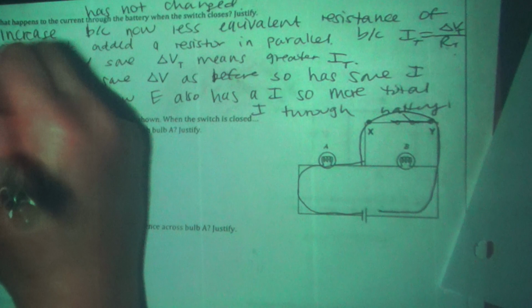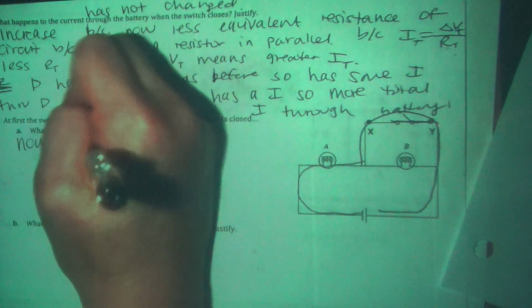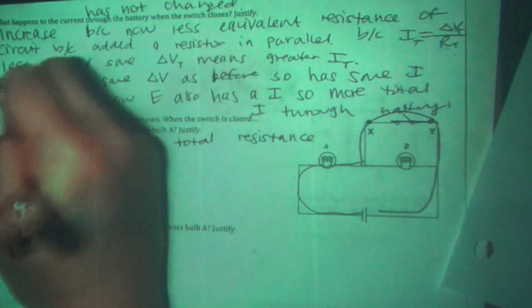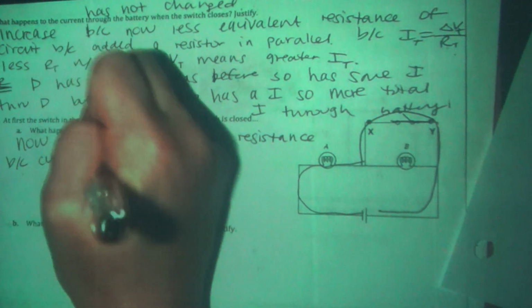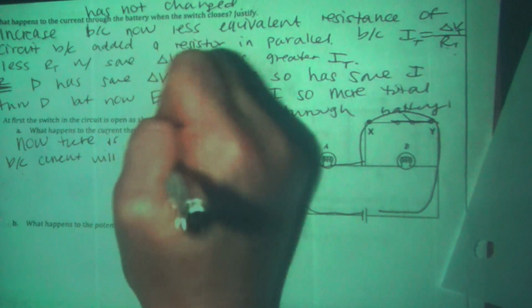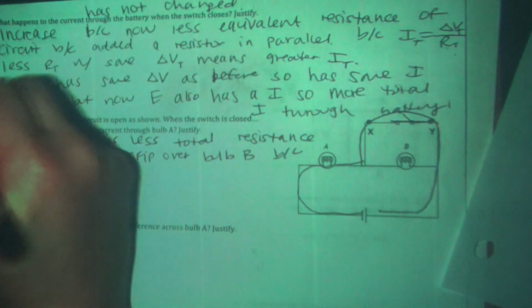So now there is less total, or equivalent, resistance, because current will skip over bulb B because there's an easier path around.